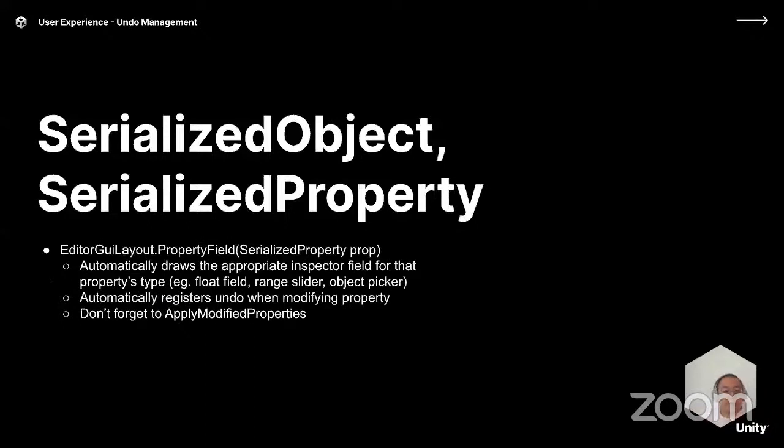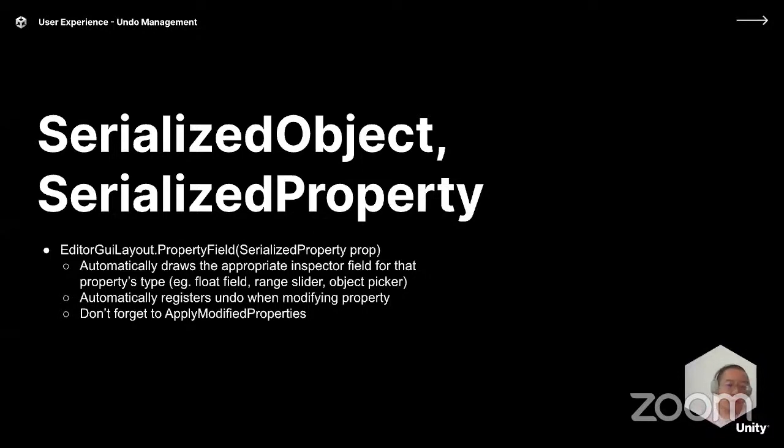So, as alluded to, SerializedObject and SerializedProperty. These allow you to ignore some of the manual stuff that you might need to do otherwise. Undo management is a big one.